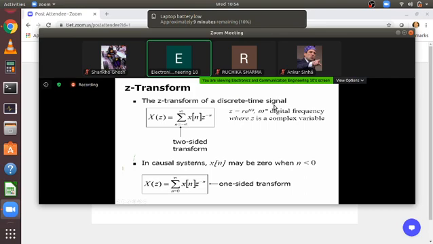Now in causal systems, x[n] is 0 when n is less than 0. We know that in causal systems, for n less than 0, the value of the signal is 0. So we can then define X(z) as the sum from n equal to 0 to infinity of x[n] z to the power minus n. So this is a one-sided Z transform. We will talk about the one-sided Z transform also, right?